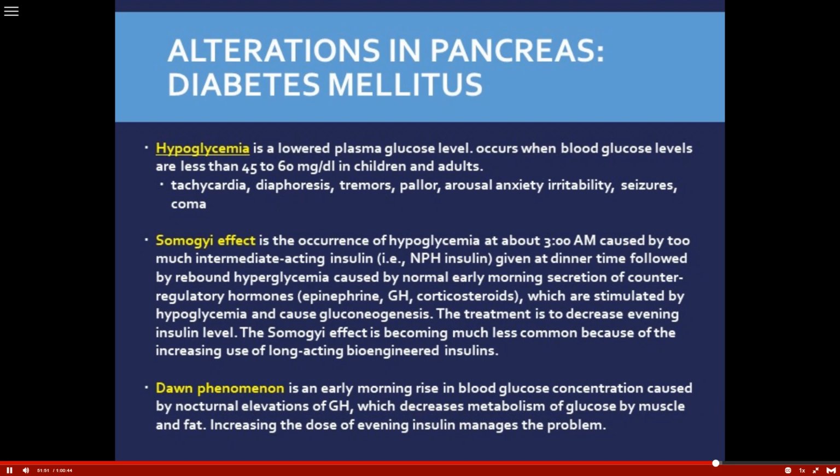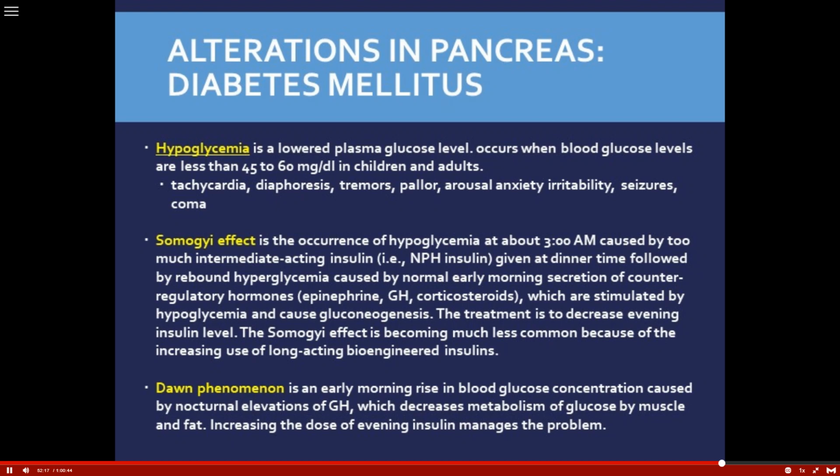And you're thinking, well, they just sound alike. Well, they kind of do. But let me help you. The Somogyi effect is hyperglycemia in the morning before they have breakfast. Dawn phenomena is hyperglycemia in the morning before breakfast. Well, shucks. What the heck is the difference here?